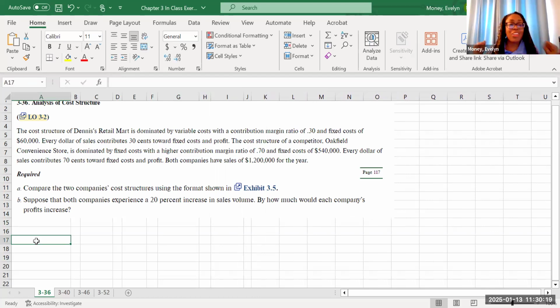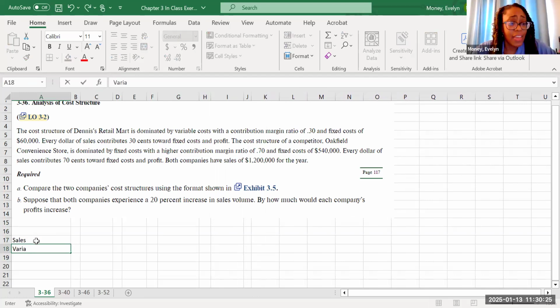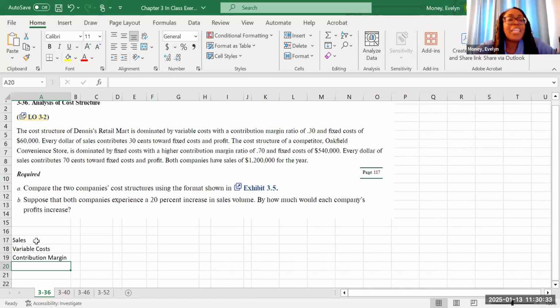All right, I know that a contribution margin income statement starts with sales. And then I subtract my variable costs to find the contribution margin. That's why it's called the contribution margin income statement. But essentially, it's an income statement that formats our numbers based on behavior, or classifies our costs based on behavior. So rather than having product versus period, we have variable versus fixed, which brings me to the next item, fixed costs.